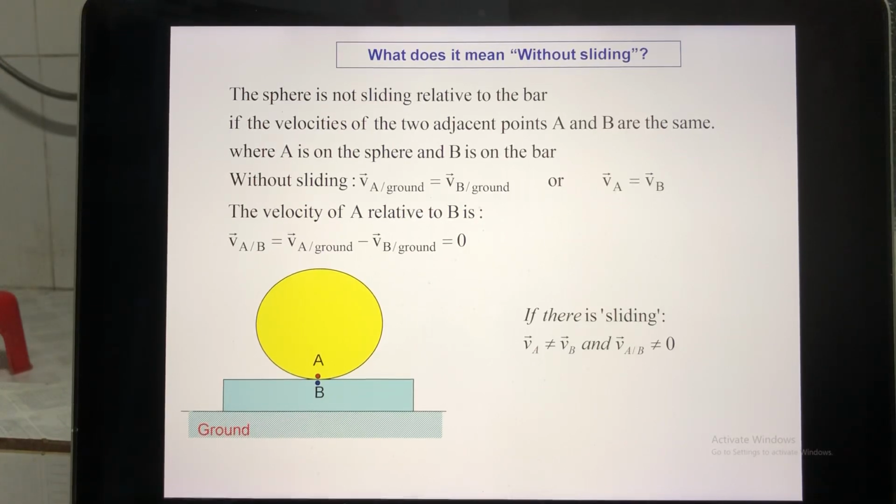So how do we write it in a formula? Here is the example: how to write the formula for rolling without sliding. I have an object, a yellow one here and a blue one here.